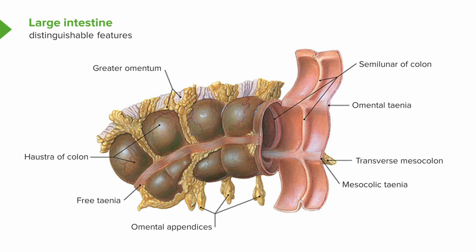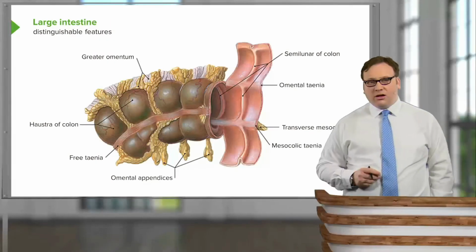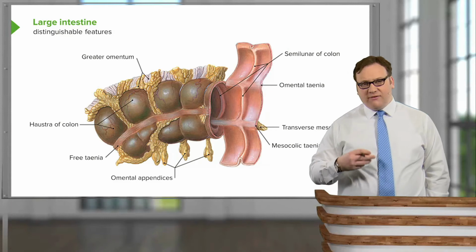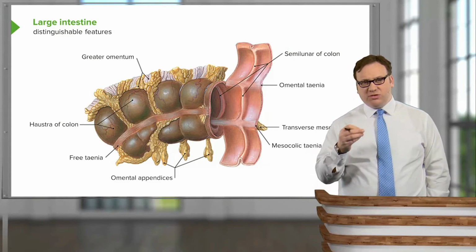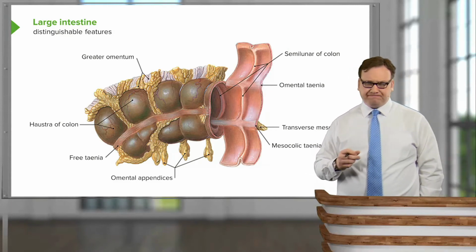This is just a small section of large intestine, specifically the colon, really, that we've removed, and we've opened up a window when we've reflected these flaps. Now, what we can see on the large intestine are features that make it distinguishable from the small intestine.